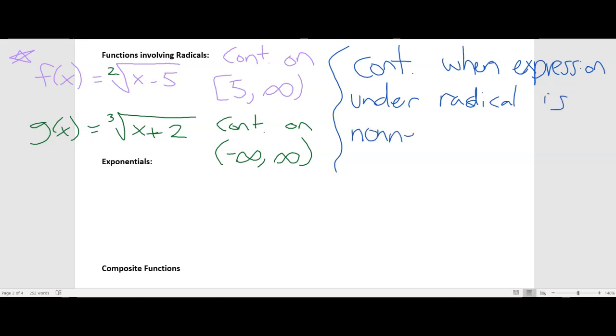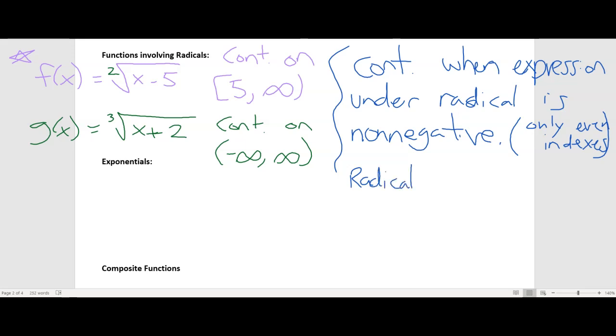So it can be equal to 0. It just can't be less than 0. It just cannot be negative. And then remember, this only applies to even indexes. Radical functions with odd indexes are continuous everywhere.